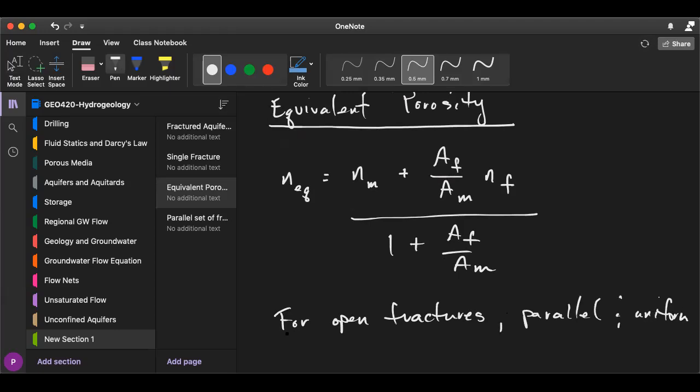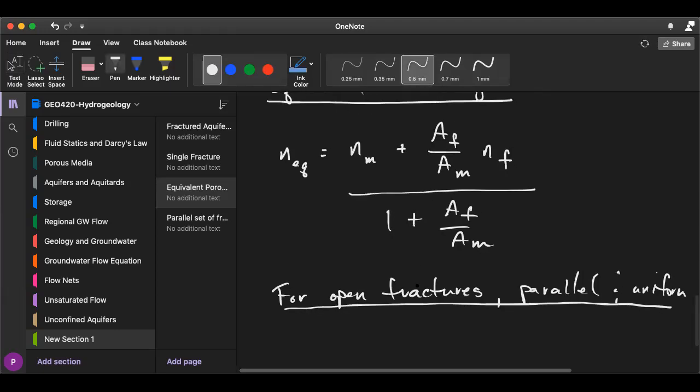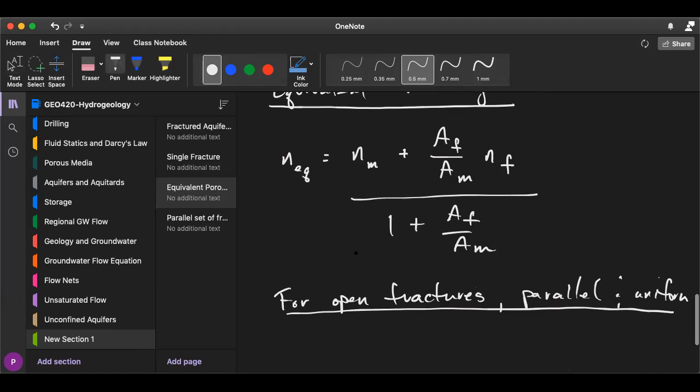If my fracture is completely open, all right, no sand in it, nothing like that, what is the porosity of my fracture? 1. The pore volume to total volume is 1. So in that case, open fractures imply NF equal to 1.